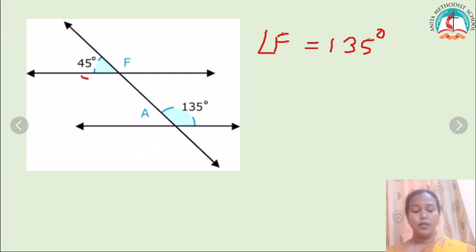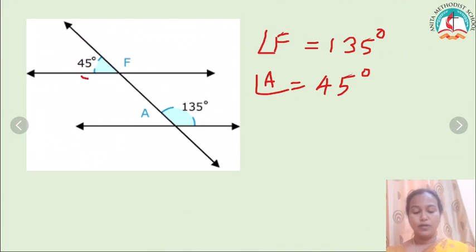Alright. So if my F is 135, then it forms a straight line. So it means what I have found out is right. The same way, now you tell me what is the angle of A? Yes, my angle A is 45 degrees. Why is it 45?